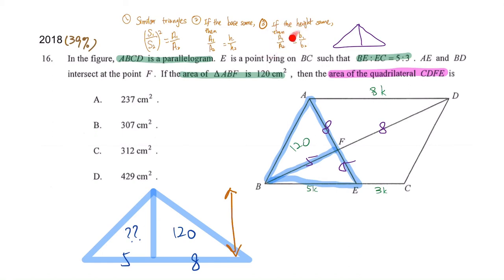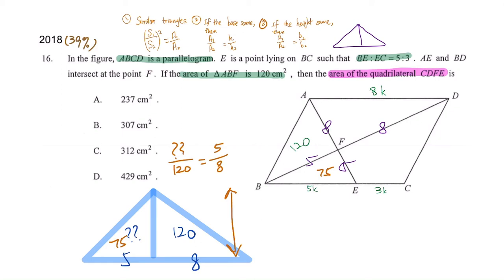So the area ratio is the base ratio. Area ratio is the base ratio. Now please click on the calculator. What do you get? If you can find the answer as 75, then you are correct. Whatever we can find, just write it down for now.